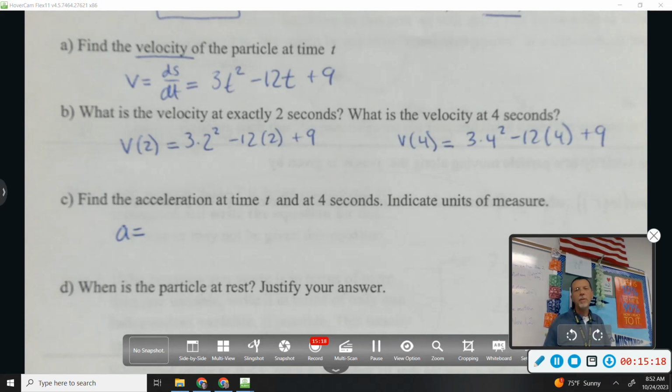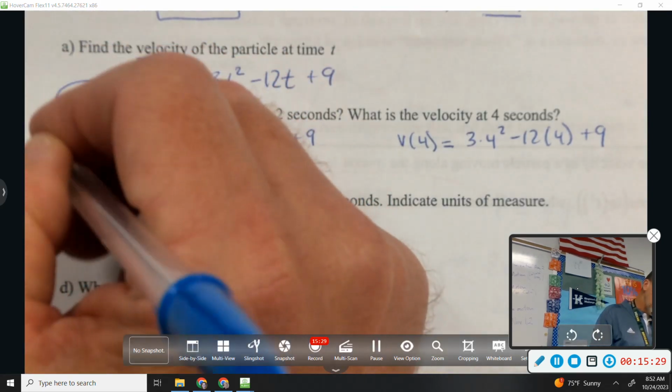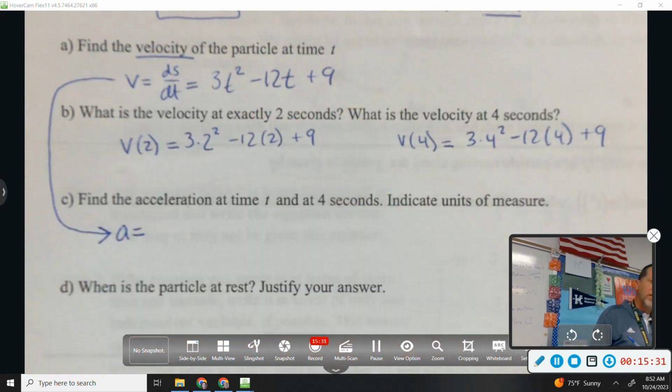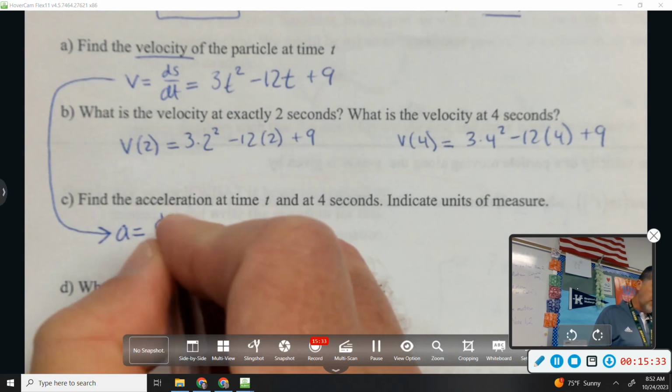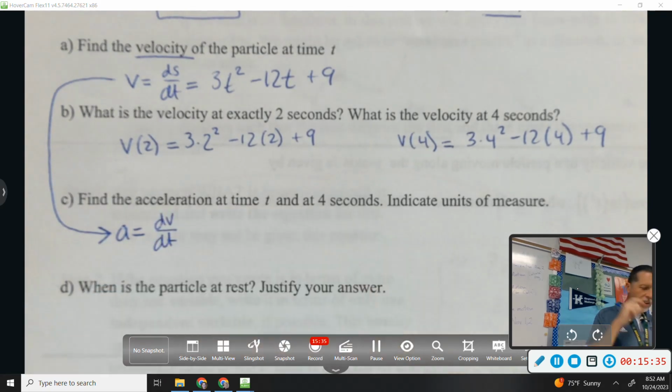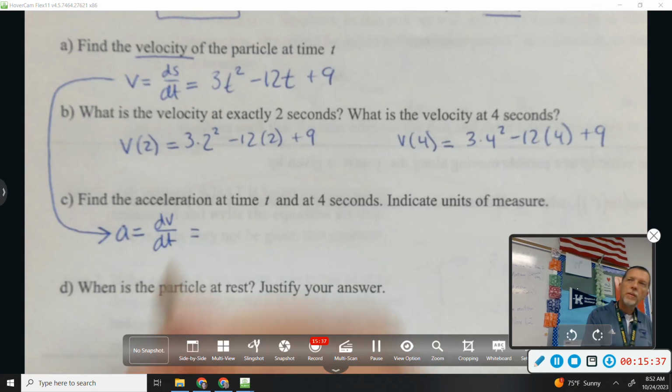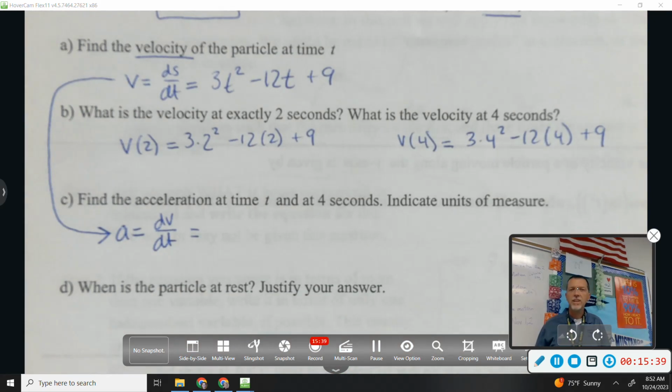So Andrew, how about the acceleration? How do I find the acceleration first of all? Take the double derivative. Okay. Now the good news is I already have the first derivative. So if I take the derivative of velocity, I'll get acceleration. So what's the derivative of velocity? 6t minus 12.